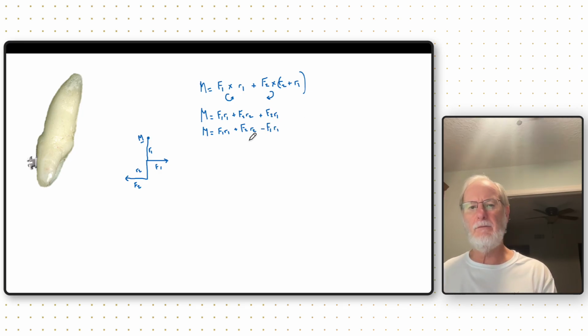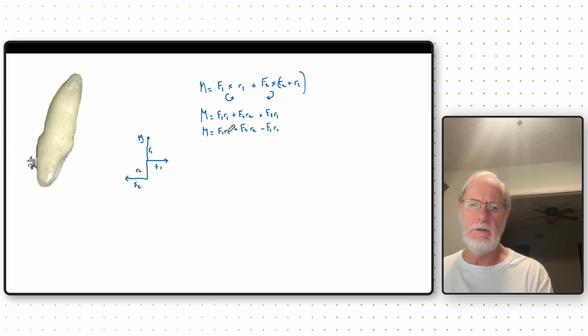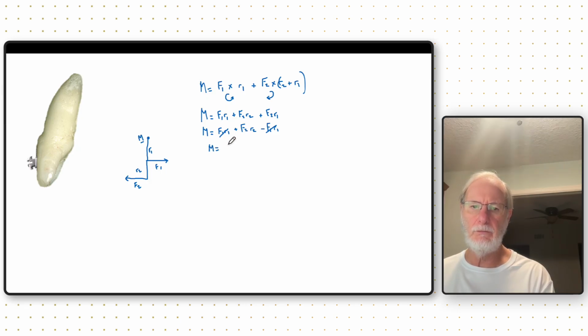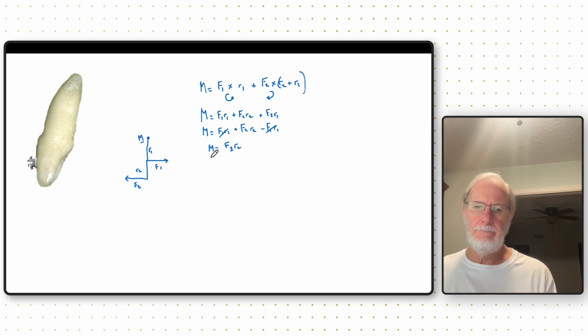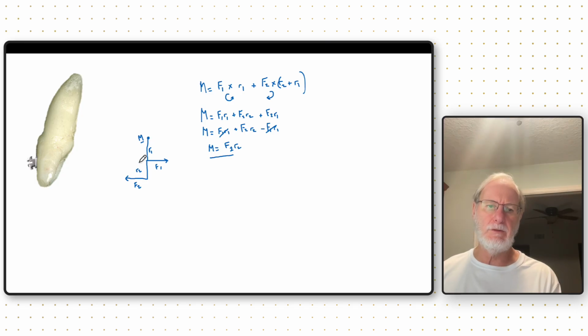I just replaced the F2 by minus F1. So this one and this one can be eliminated, and you can see that M equals F2 R2. That makes sense, which is exactly what we said. This is the definition of this couple. F2 times the distance, F times R, gives you the force couple amplitude.